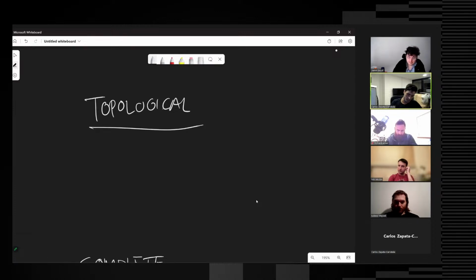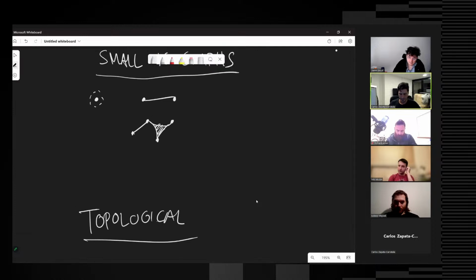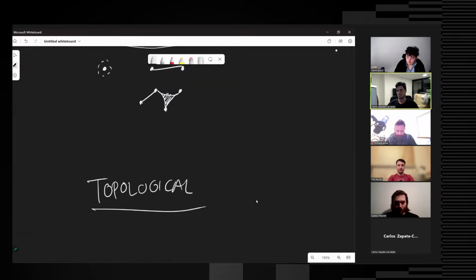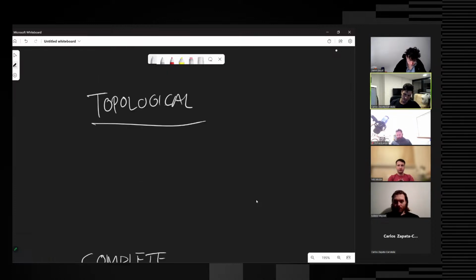These are kind of two ends of a spectrum: the small hypergraphs, which are the discrete, enumerative way of going at classifying hypergraphs, and the topological approach, which is kind of opposite in the sense that you only look at general topological properties of your hypergraphs.